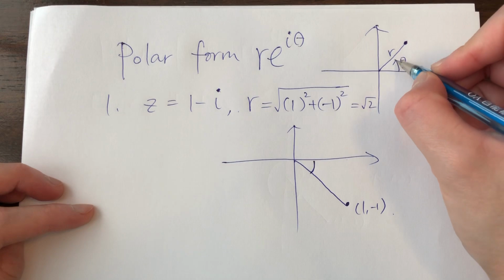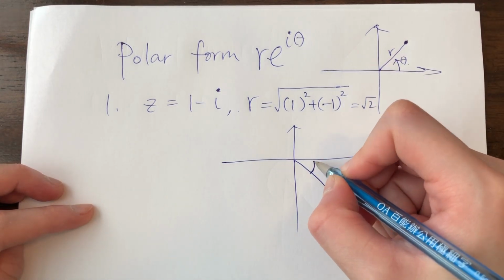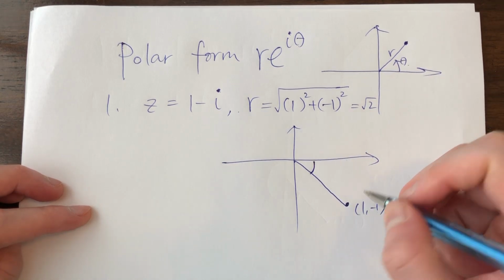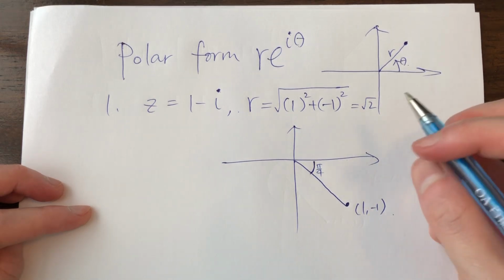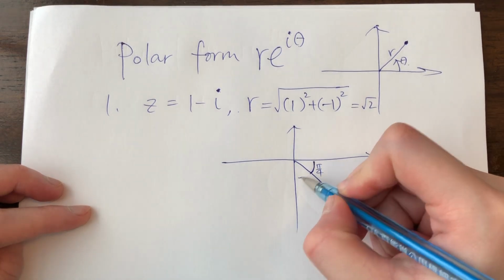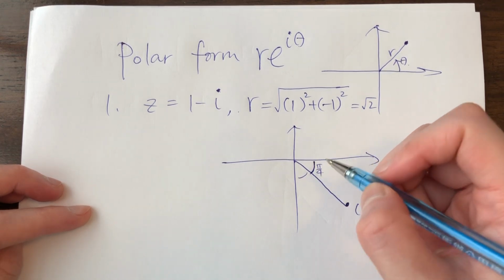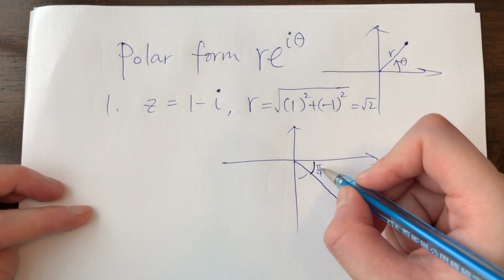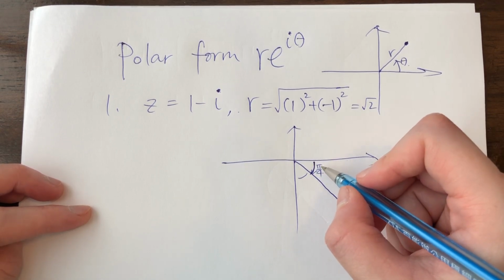You can compute this angle, for example. It doesn't have to be oriented; you can compute a negative angle. This is a special case, which we know is pi over 4, because if it's 1, -1, these two angles are the same. But be careful: if you're going this way, then it's negative pi over 4.